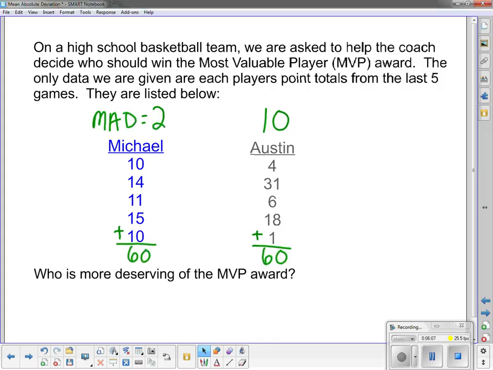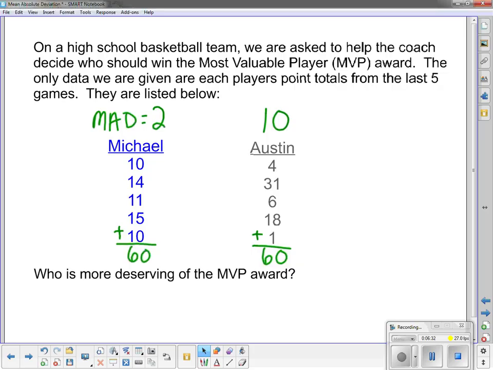Well, since Michael's mean absolute deviation was only 2, that means that Michael is a more consistent player. His scores were much closer and much more the same every game, while Austin's points were scattered all over the place. One game he might score 4 points, but then another game he might break out and score over 30.